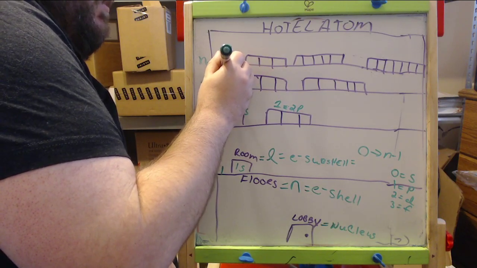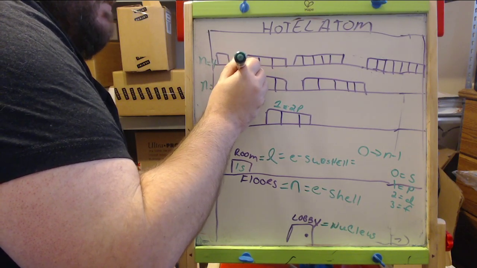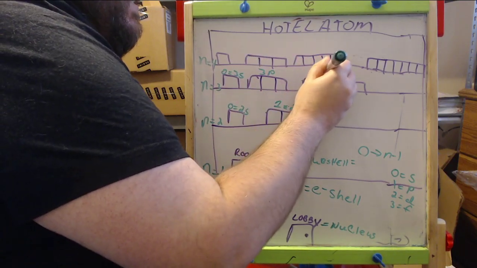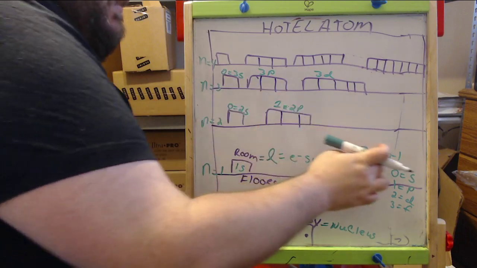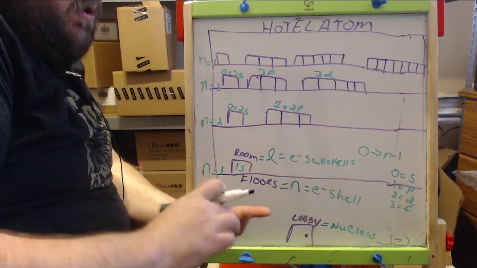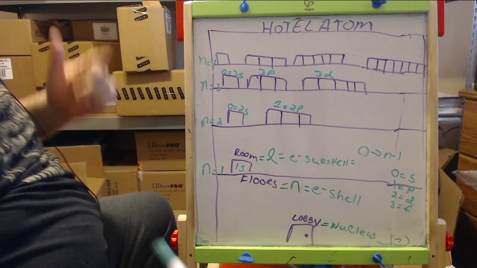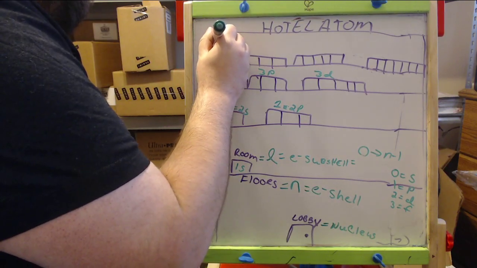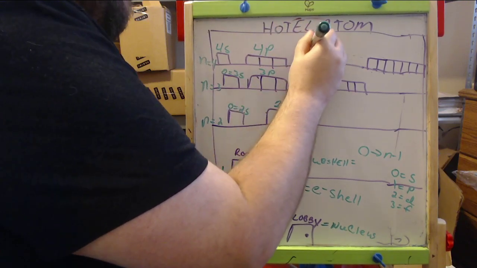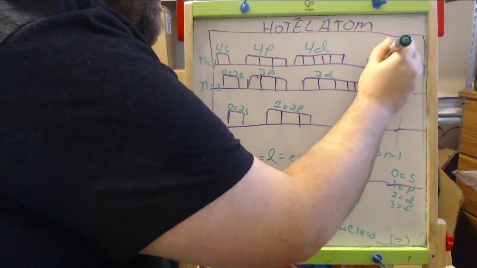This is going to be our 0, which is going to be 3s, 3p, 3d, because 0 to n minus 1. N minus 1 is 2. All the integers, 0, 1, and 2. Then 4s, 4p, 4d, 4f.